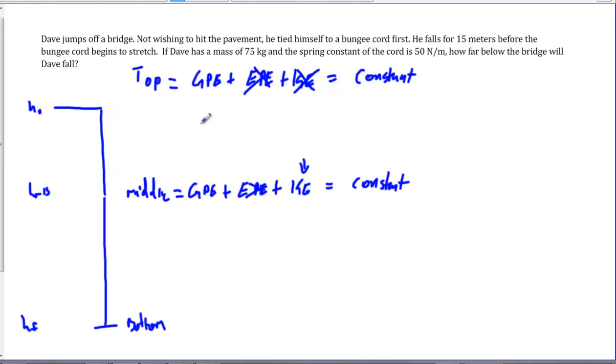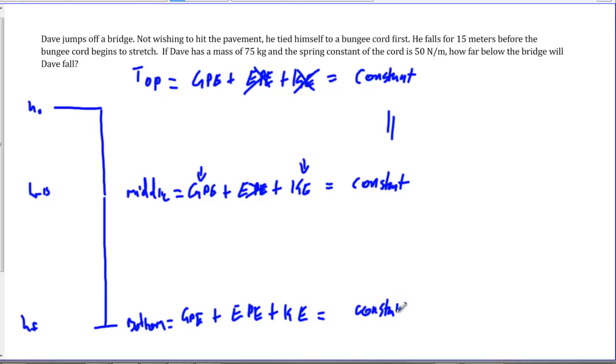And our gravitational potential energy has changed. Now, if our kinetic energy increased, our gravitational potential energy decreased, which makes sense because he is now closer to the ground. He fell down. He's got less gravitational potential energy. And these two constants are equal to each other. Finally, at the bottom, we have gravitational potential energy plus elastic potential energy plus kinetic energy is equal to that same constant.